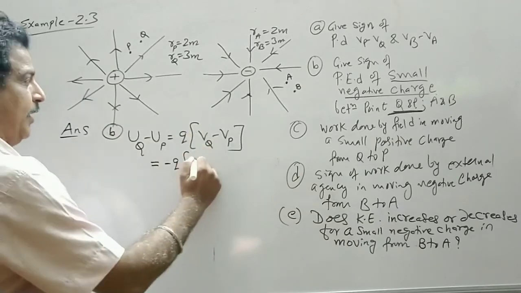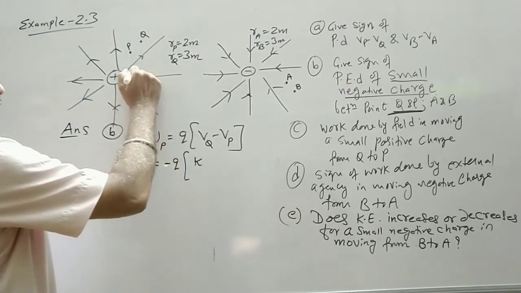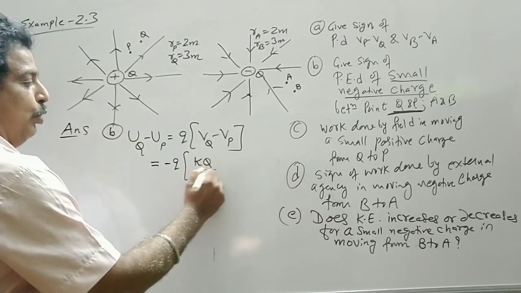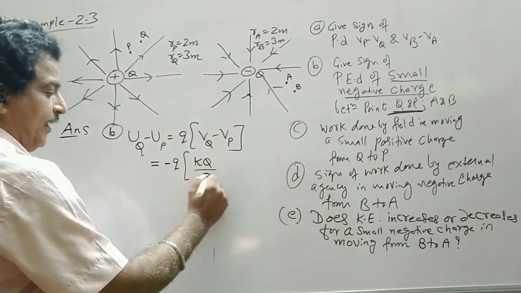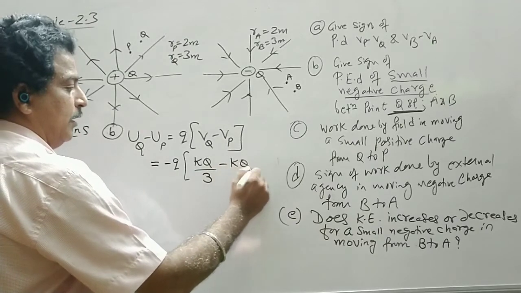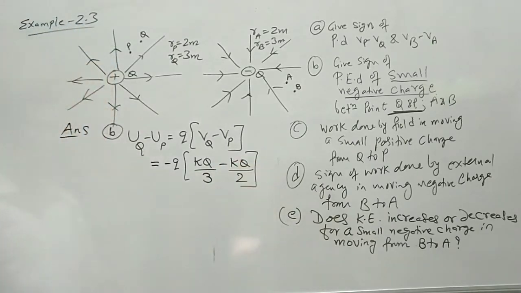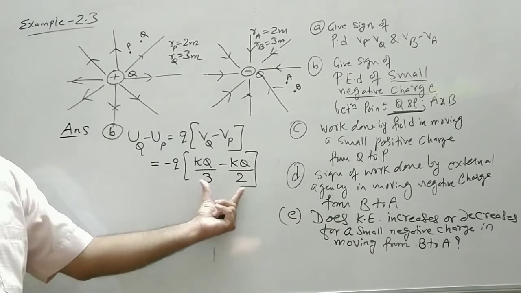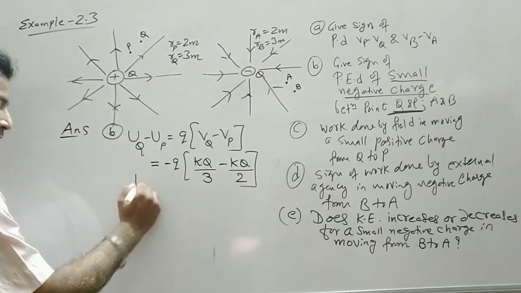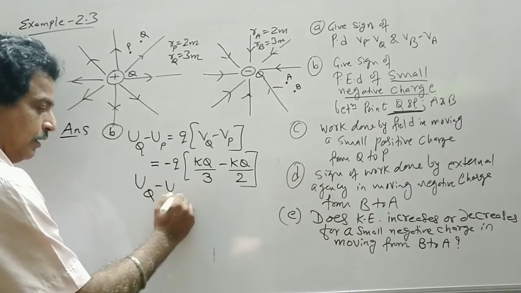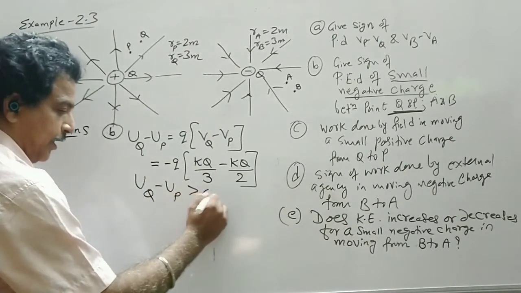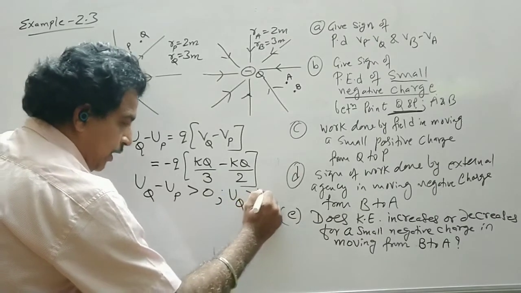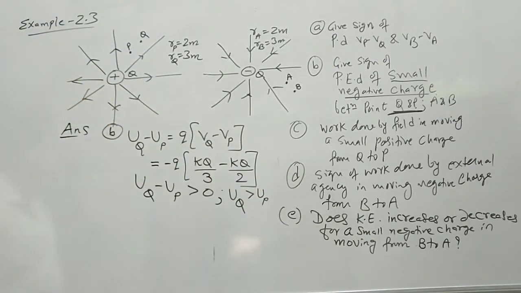Let us name the source as Q. So this can be written as K Q upon 3 minus K Q upon 2. Again you see this term is negative, and the charge is negative, so negative times negative is greater than 0. So this implies U is greater than 0.